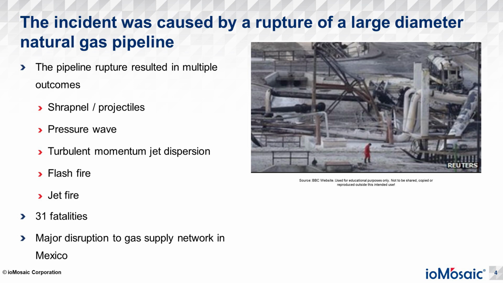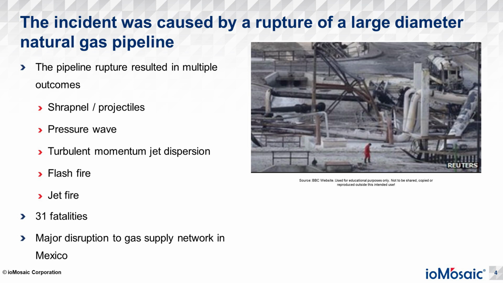So the pipeline ruptured, and I'm sure everyone's seen the video. If not, I'm going to play it in a couple of minutes. But one of the important things for us as safety practitioners is that we can see all the different outcomes that we typically model.